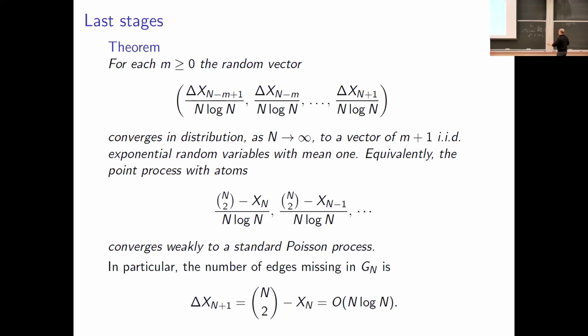We look at this string of white and black bits in inverse time, and it can be shown that in inverse time these white bits appear according to a Poisson process, meaning we have shown that these gaps have exponential distribution. By scaling with n log n, we get a point process which converges to Poisson. Good, that's actually the whole thing.